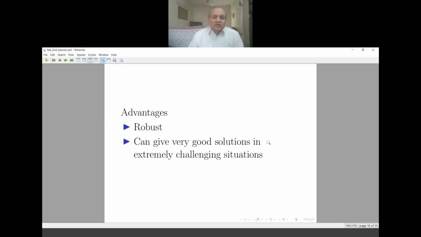Then you cannot formulate the problem using calculus. There are many situations like this. For example, I'll give you one example of a problem. Let us assume that you want to have a mathematical model of India, including the heights at different places.